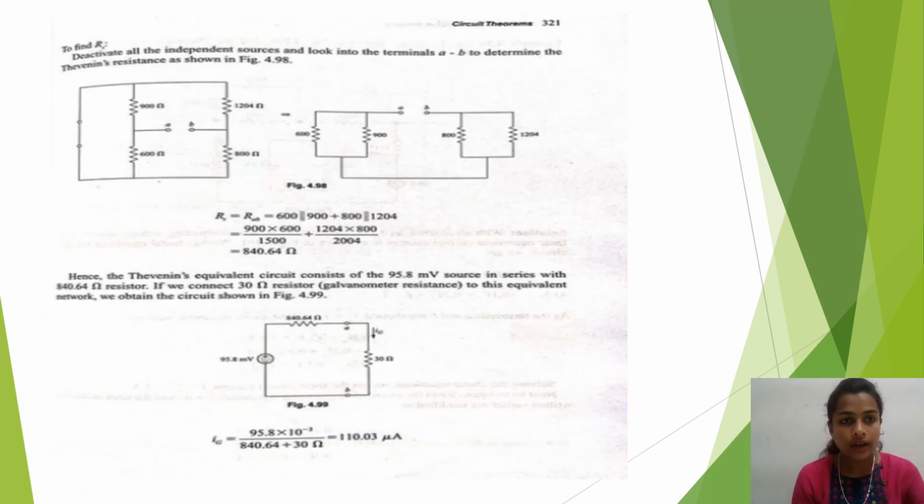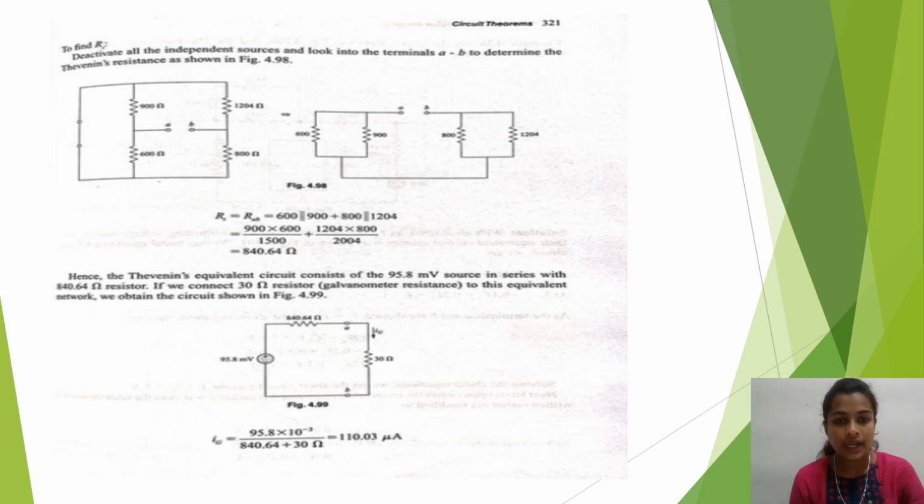To find RTh, deactivate all the independent sources and look into the terminals A and B to determine the Thevenin's resistance as shown, where RTh is equal to RAB, 600 parallel to 900 plus 800 parallel to 1204.